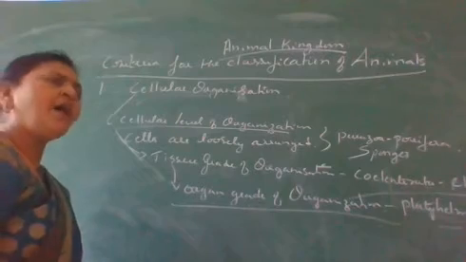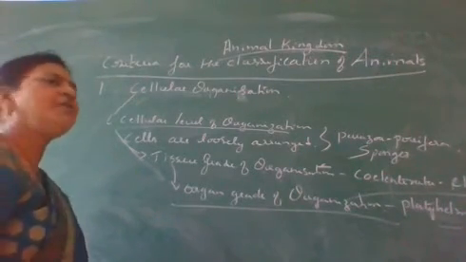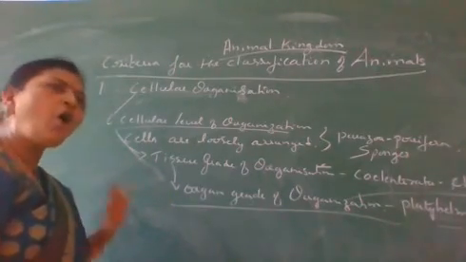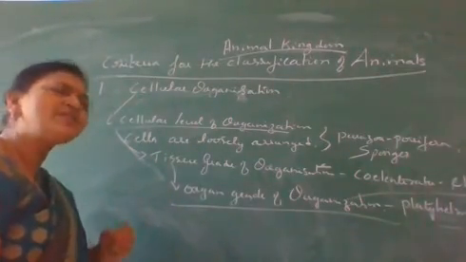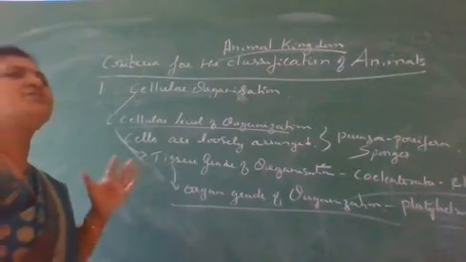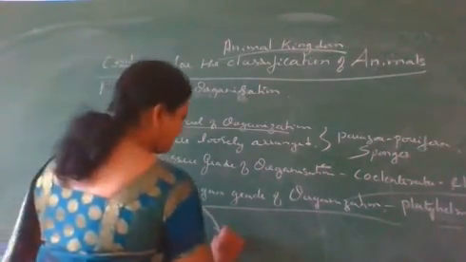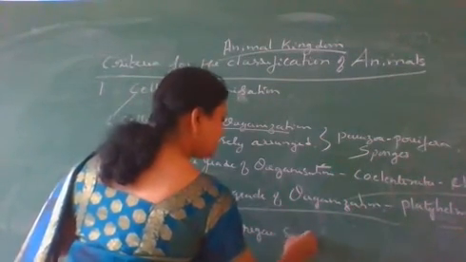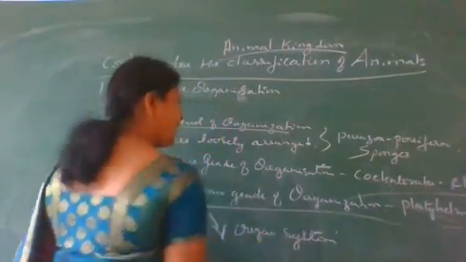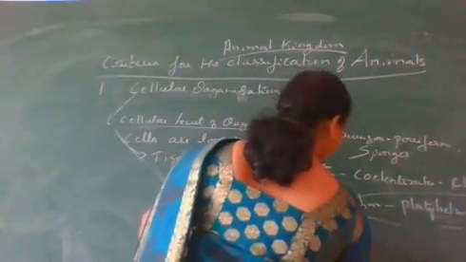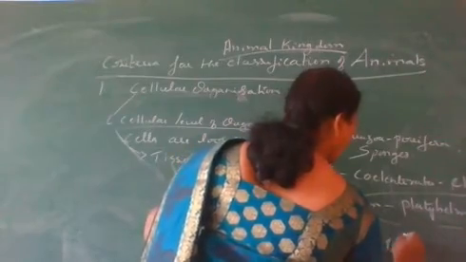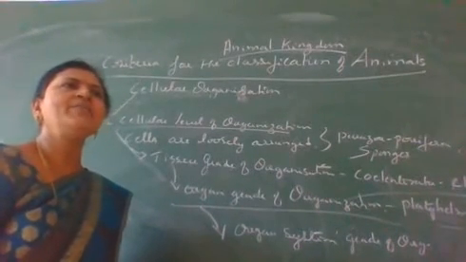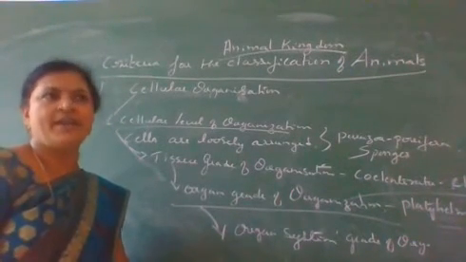Now again in the course of evolution, different organs organize to form a specific system meant for a specific function, and that level is called organ system level of organization, starting from helminthes up to the chordates.